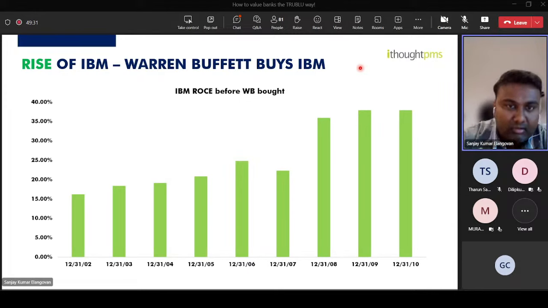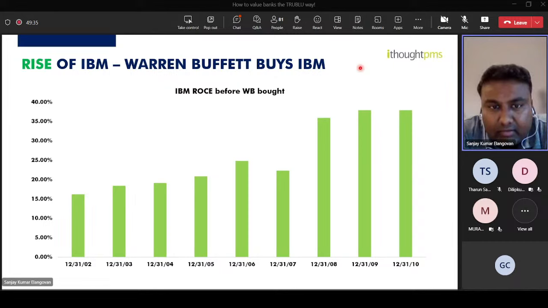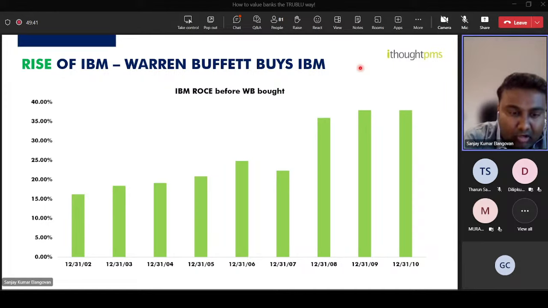Okay, so now time for Warren Buffett. This is IBM's ROC, return on capital employed chart, before he bought. That is from the bottom of the tech bubble till the time he bought. He bought sometime in 2011, and till then the ROC kept going up.